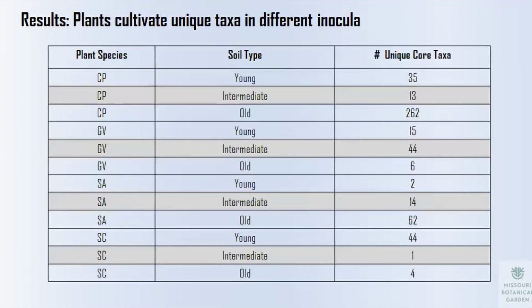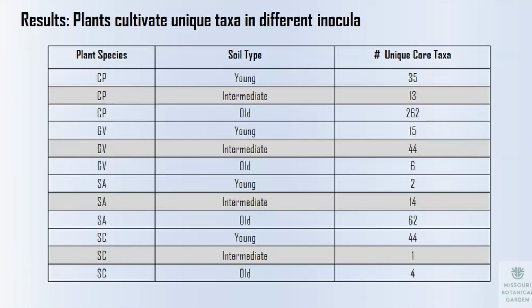And this part is really neat. So this was done with an indicator species analysis in which you can look at the number of unique core taxa that occur in one particular set or one particular treatment. And what we see here is that even the same plant species shows unique core taxa in a variable amount of numbers.